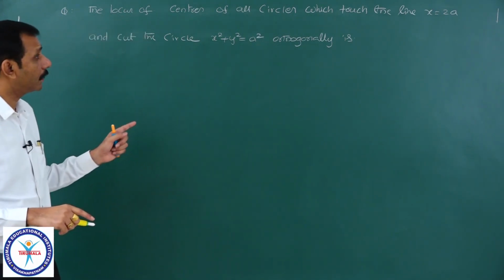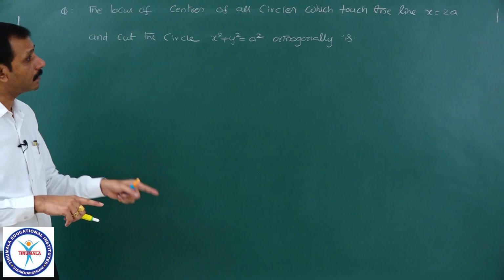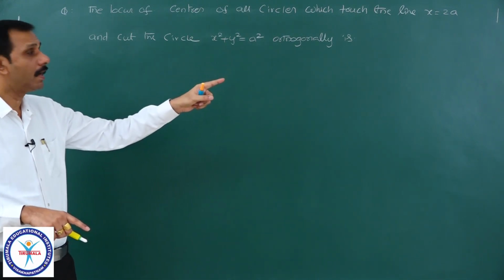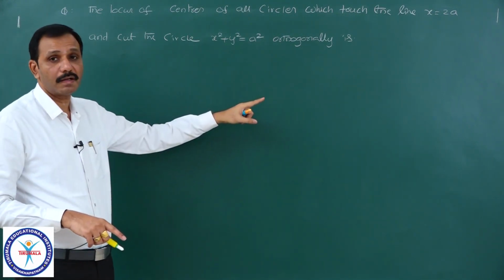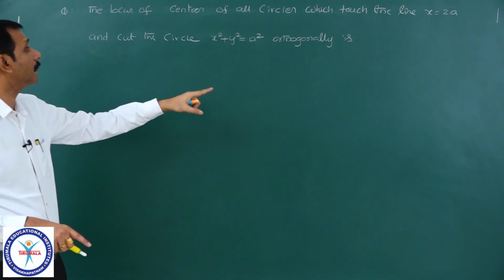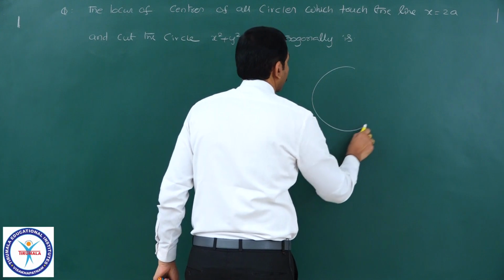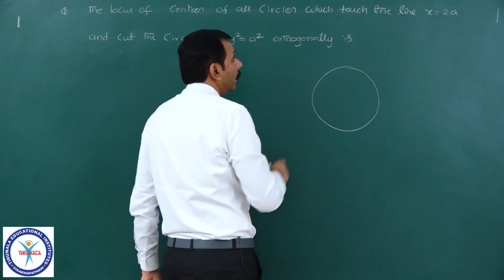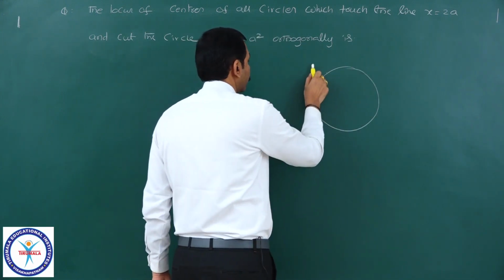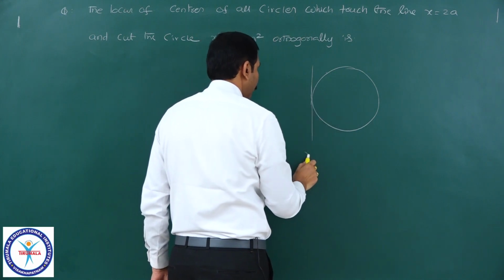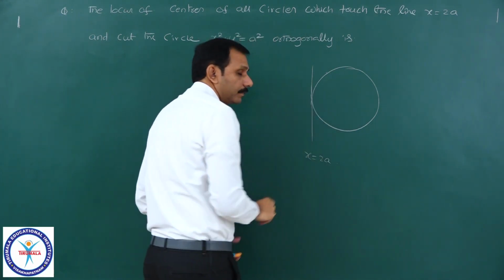Here what they are asking is, a circle is there, it is touching the line x = 2a and intersects this circle orthogonally, then also I want the locus of the center of that circle only. Here you see what is the meaning. Here a circle is there, it is touching the line x = 2a. Suppose let me take this line as x = 2a.